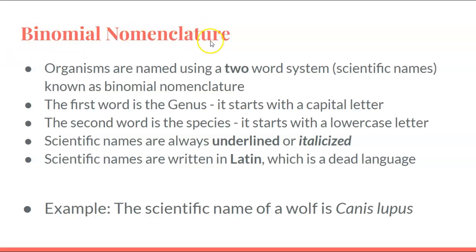Nomenclature is the way that we would write a name. So two-name system. Which is literally the first bullet point, right? They're named using a two-word system. The first word being the genus and the second word being the species. The genus is always spelt with a capital letter, and the species is always a lowercase letter.